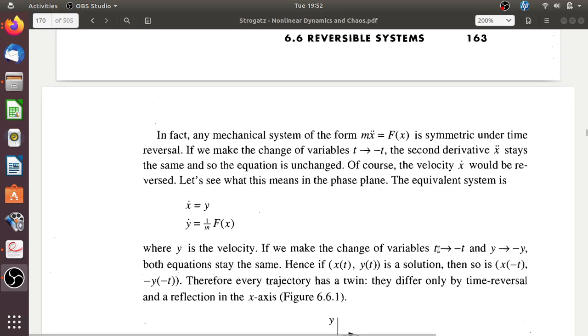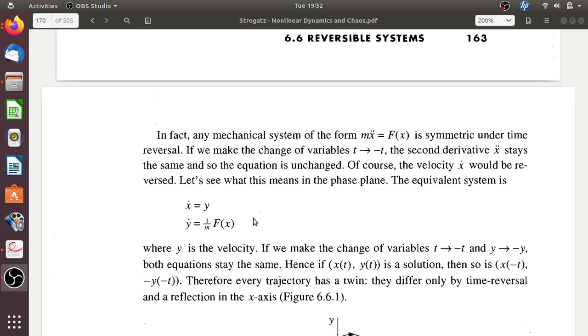We have done this transformation along with this transformation. So if I do these two transformations and the form remains unchanged, then it's a reversible system.